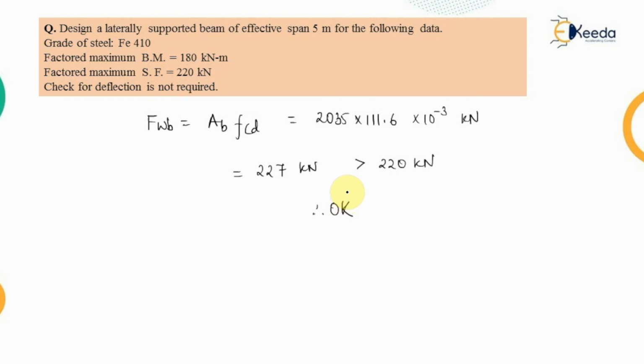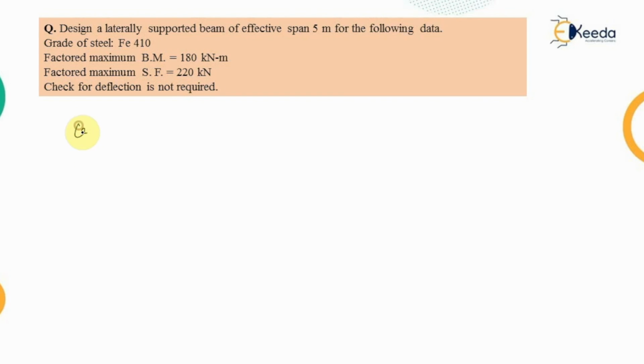Now the last step will be for the crippling. Now for the crippling, the check will be performed, and for that again we will be calculating the effective area which will be resisting the crippling load. So for that, if there is an I section, the distribution is at the 1 in 2.5 slope.